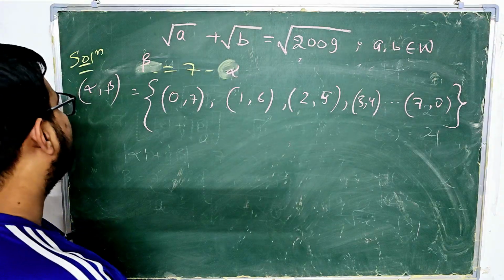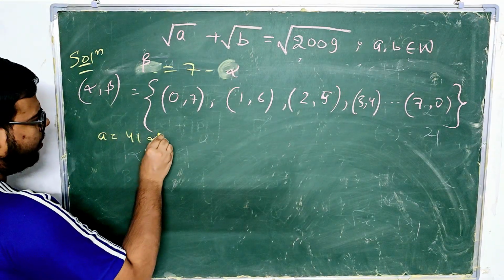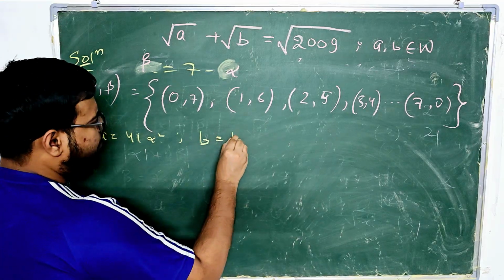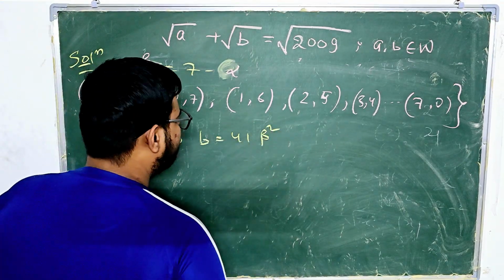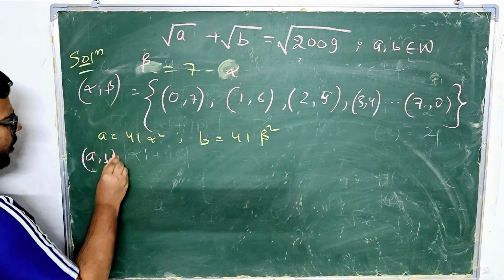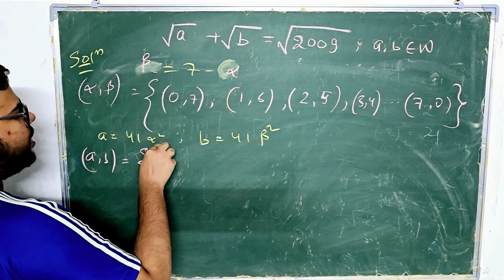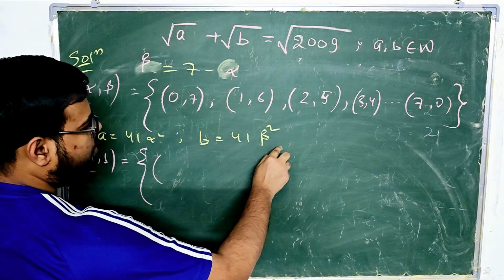Right? Now we know that A is 41 alpha square and B is 41 beta square. So you can clearly say A comma B is equal to, when alpha is 0, beta is equal to 7.